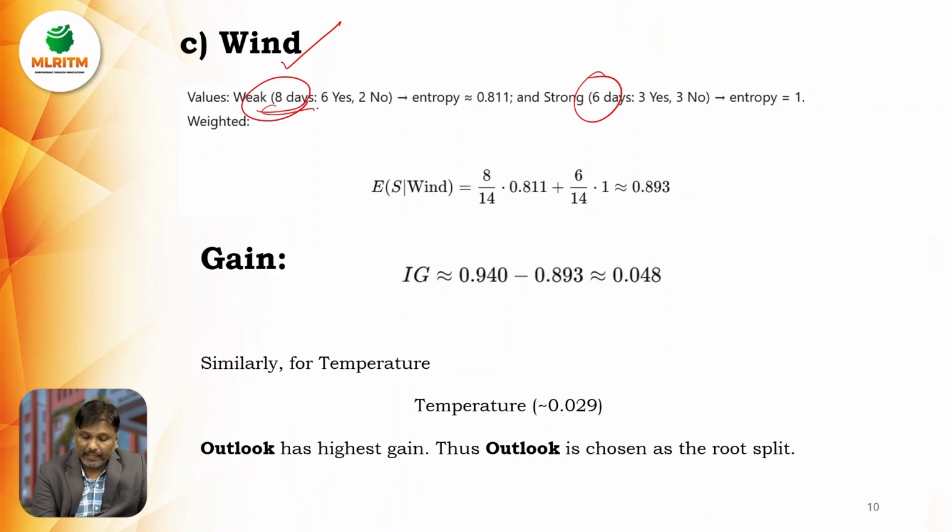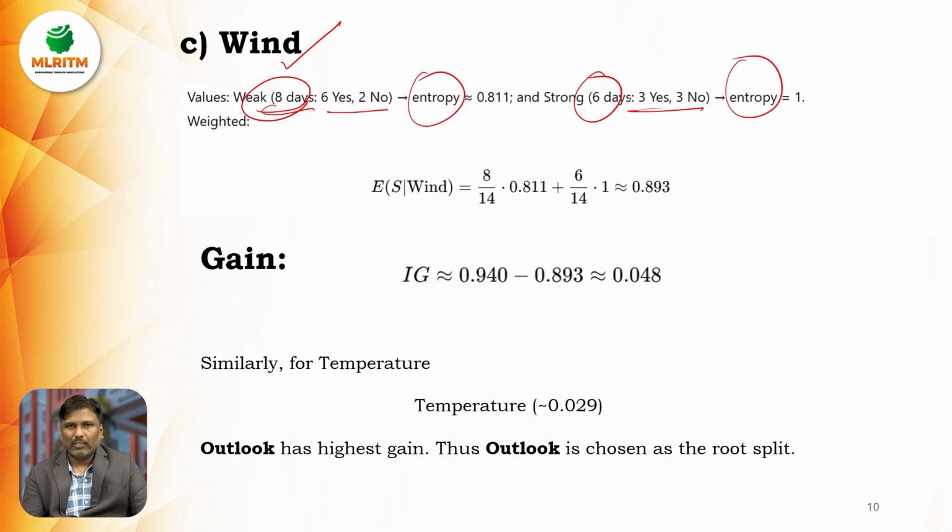Again, out of 8, how many yes and how many no we have to identify, and for the strong condition, yes and no have to be identified. After getting yes and no conditions, we find out the probability for yes and no. After getting probabilities, we try to find out the individual entropies. Then we find out the average entropy.